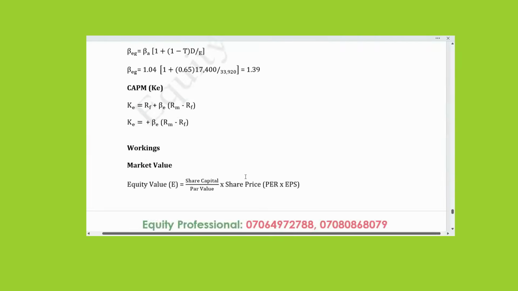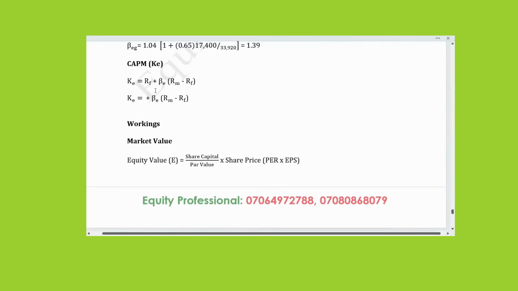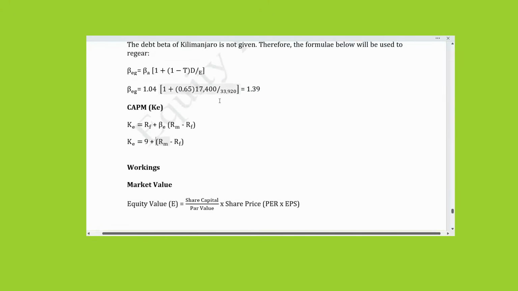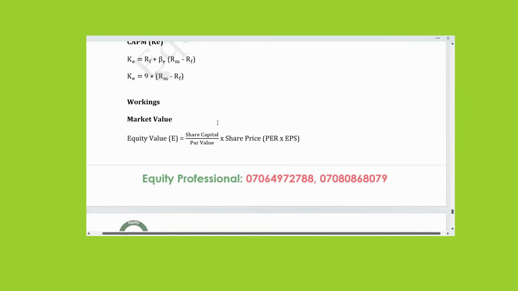So I will then come here. So here is 9 multiplied by the beta equity of Kilimanjaro, 1.39.